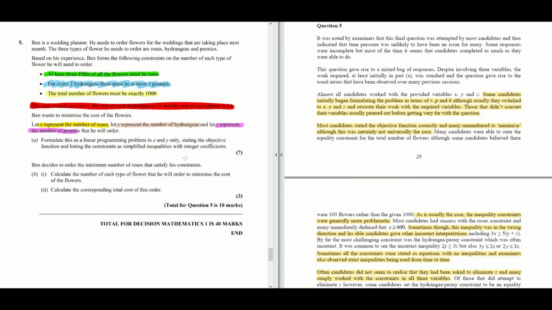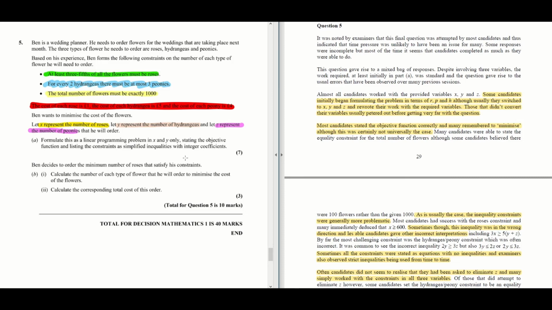Question 5 was a linear programming problem. That was attempted by most candidates, and therefore I don't think time was an issue in this paper. A lot of candidates were working with x, y and z. There were some who used the variables r, p and h, but then they reverted back.